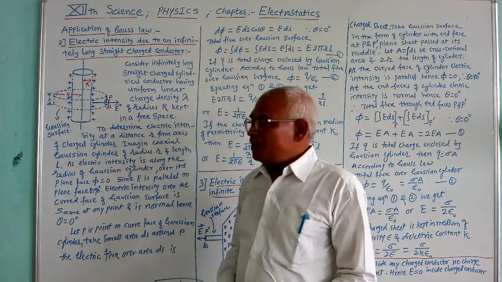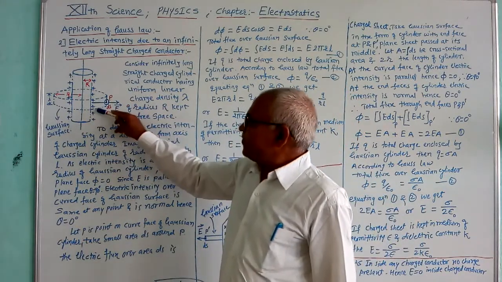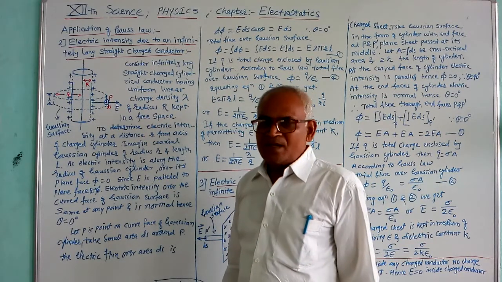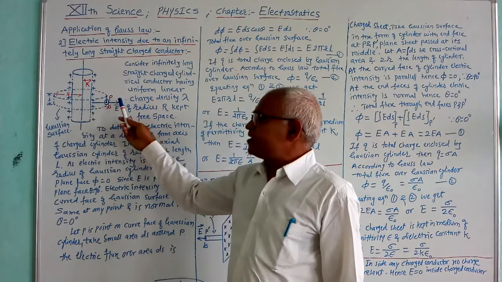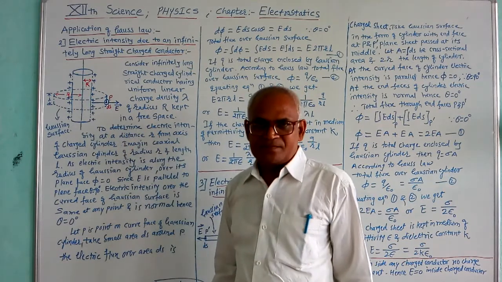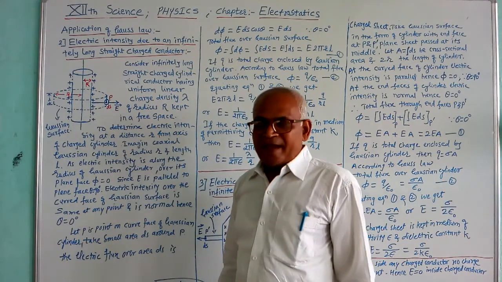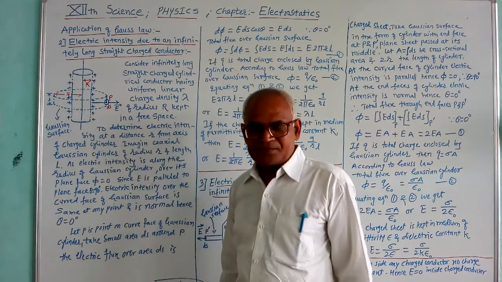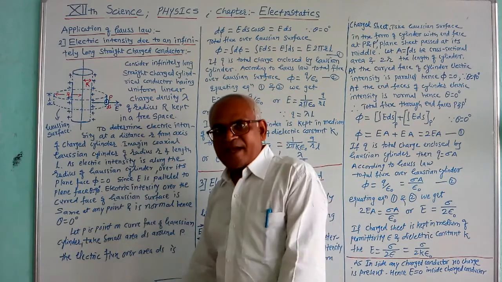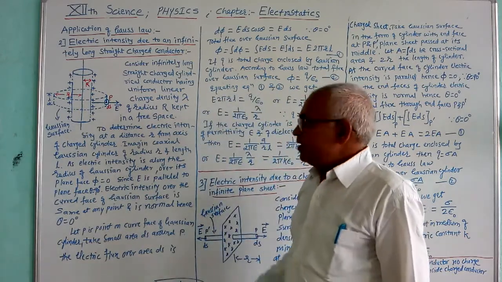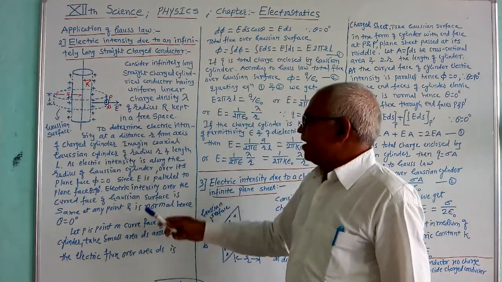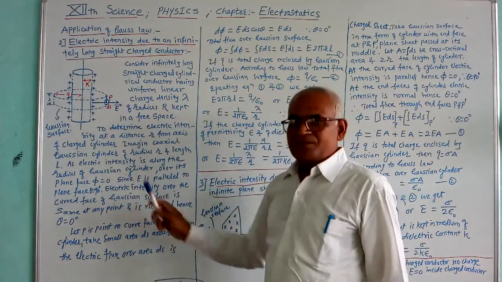Now here, at the plane faces of this Gaussian cylinder, the direction of electric intensity is parallel. Hence here theta is equal to 90 degrees, and as theta is equal to 90 degrees, the total flux over the plane faces of this Gaussian cylinder is equal to 0.